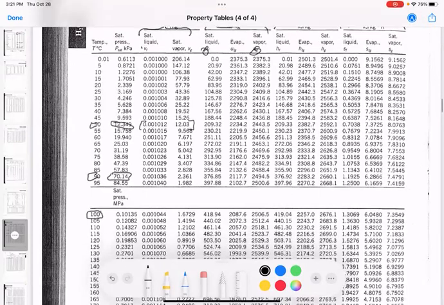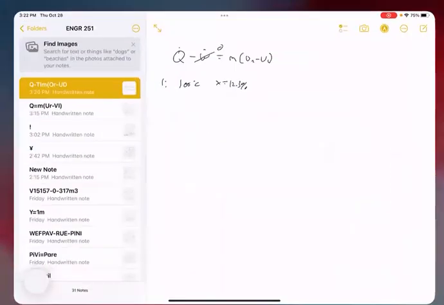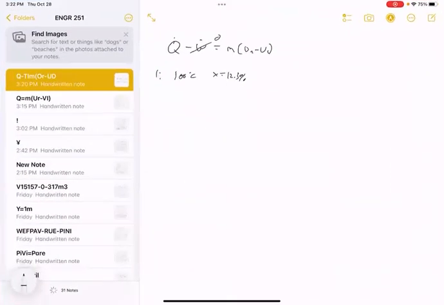If we find the internal energy, we know we're 12.3% of the way between 418 and 2506. Interpolating between them, we've done this many times in other videos, so I'll just write out the equation. U1, the one we're trying to find, is equal to uf plus x times (ug minus uf), where ug and uf are these two values we boxed.